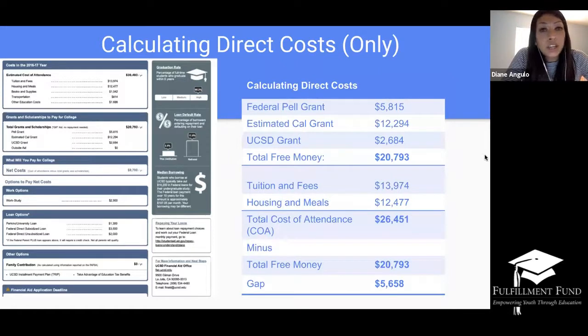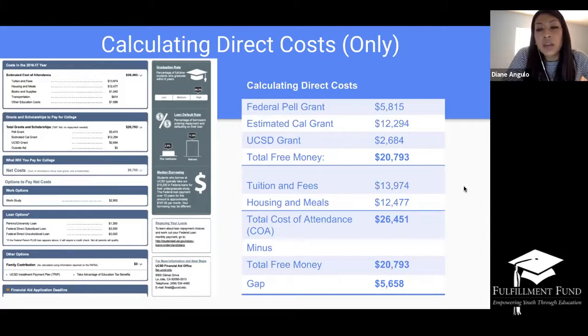You're going to take your free money. So this is, again, your federal Pell Grant, your estimated Cal Grant, the UCSD grant, which equals, again, the total of $20,793. And you're going to take the tuition and fees. This time we're only including tuition and fees, housing and meals, which are the direct costs in this case.